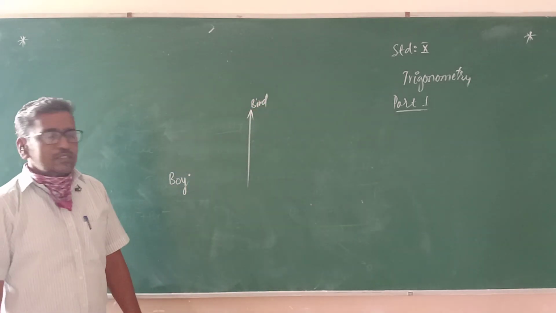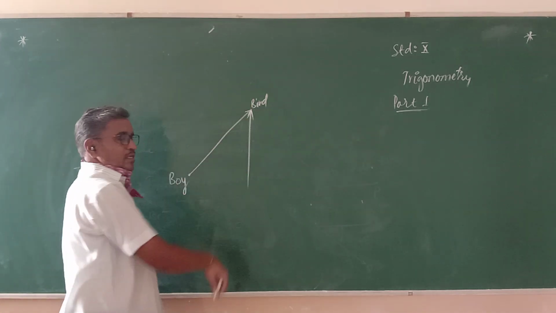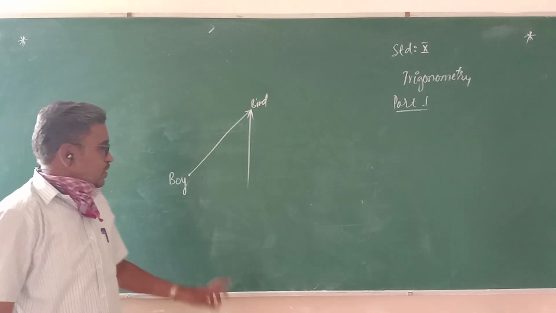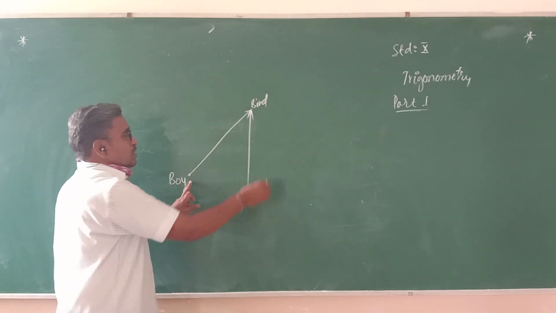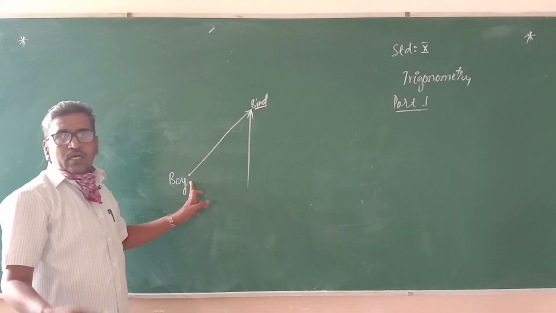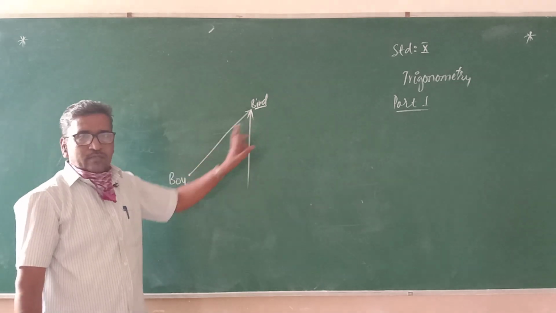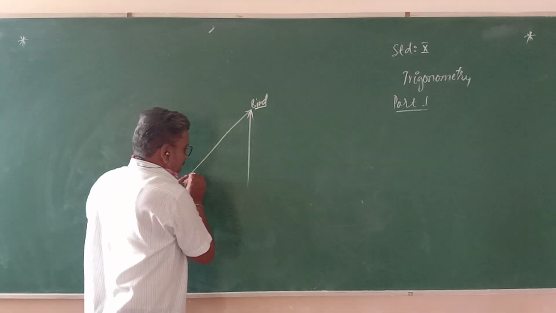Imagine that. He is observing from the ground, and the bird is sitting on the tower or maybe on the tree. How to find the distance between the boy and the bird?